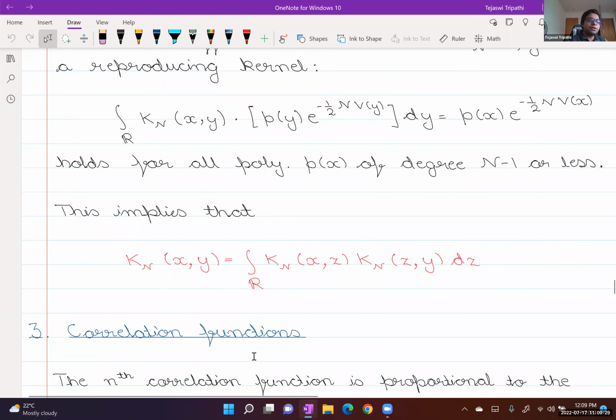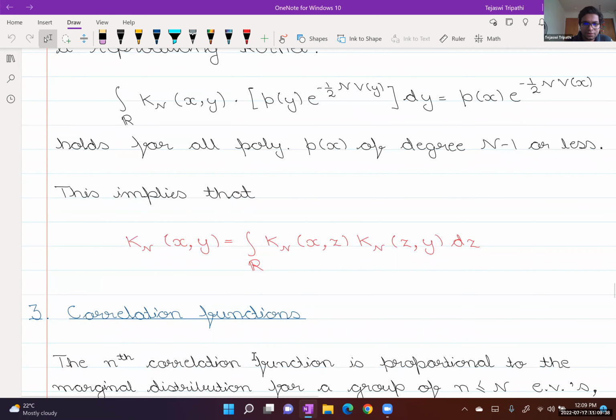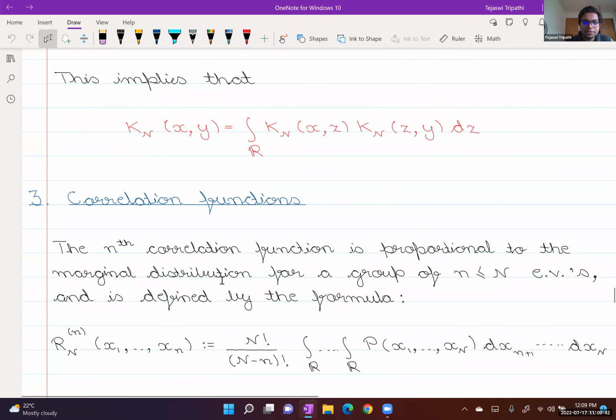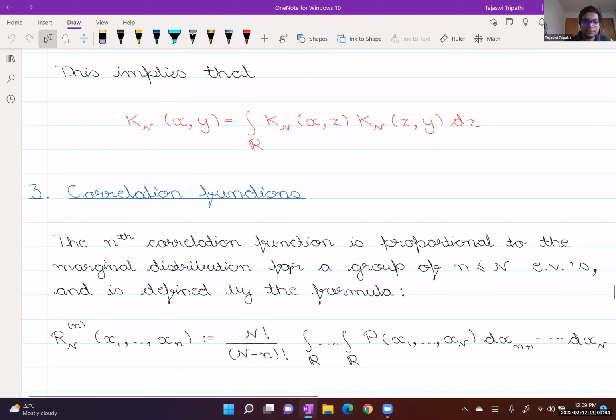Okay. So how do we want to study these eigenvalues? We'll define something known as correlation functions, which are given by this. So the nth correlation function is proportional to the marginal distribution for a group of n eigenvalues. So how do we get the marginal distribution?